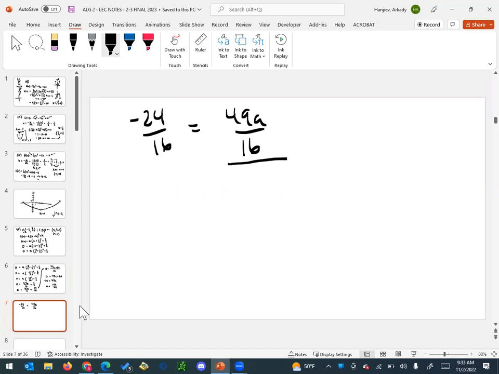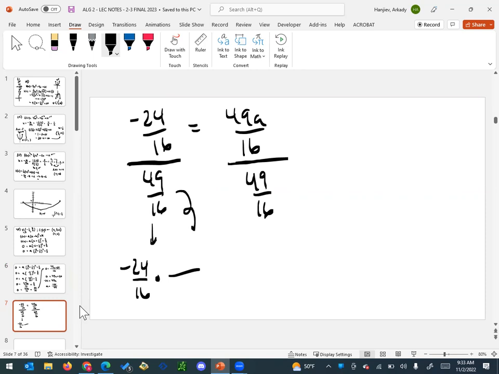So Eli divided by 49 over 16 here. We're going to divide this guy by 49 over 16. If you do that, this guy would have to be negative 24 over 16 multiplied by the reciprocal right here. Now notice the little 16s will cancel. So you're still going to wind up with a 24 on top and the 49 on the bottom. Almost just right there. You just didn't flip that piece, or you flipped the other one instead.